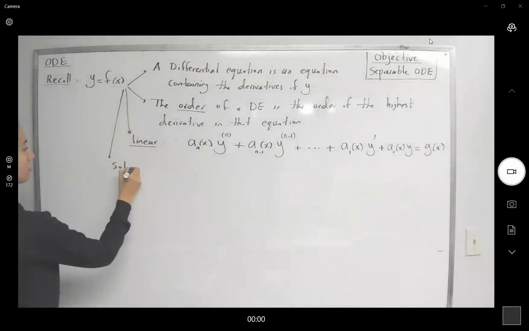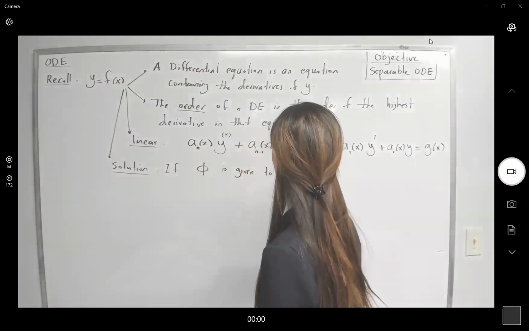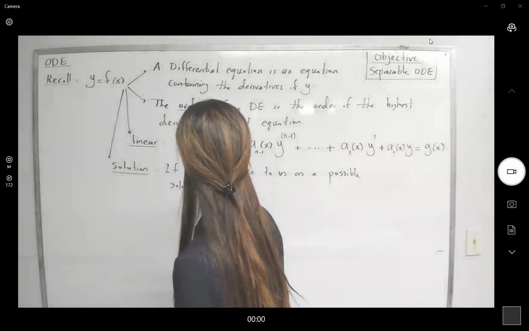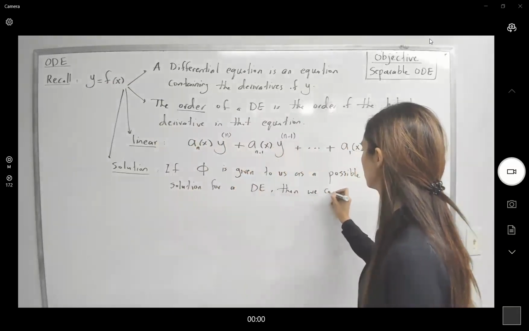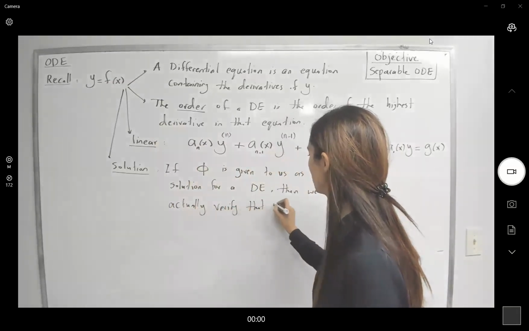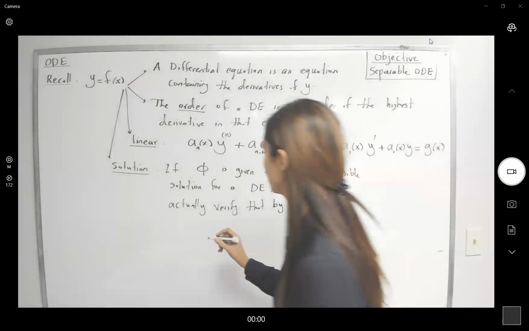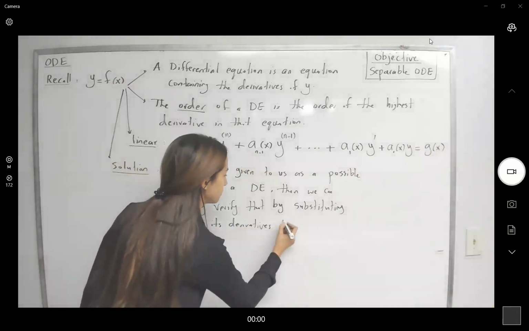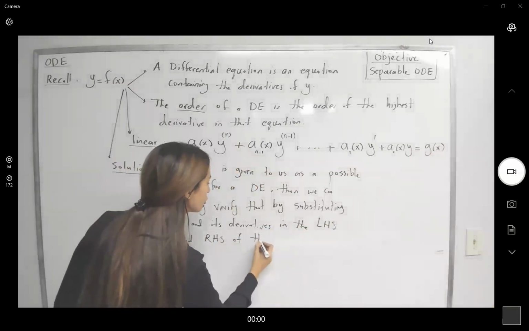So if phi is given to us as a possible solution for a DE, then we can actually verify that by substituting phi and its derivatives in the left-hand side and right-hand side of the differential equation.